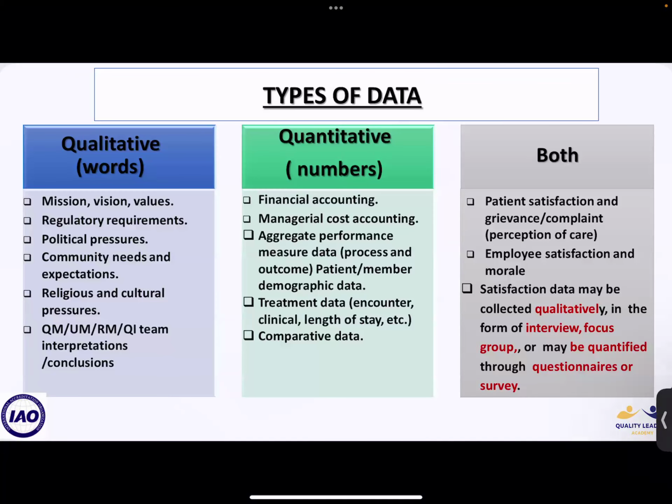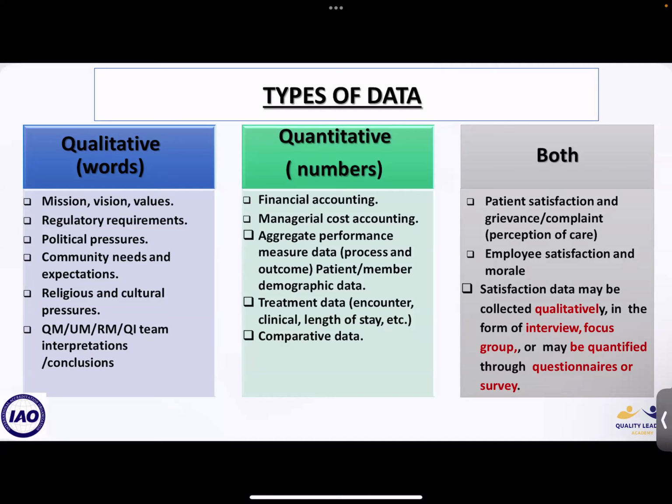What types of data do I have? The data is either qualitative or quantitative. These are the two types we will study. Either the data is qualitative, which means verbal, like descriptive data, not involving any values.